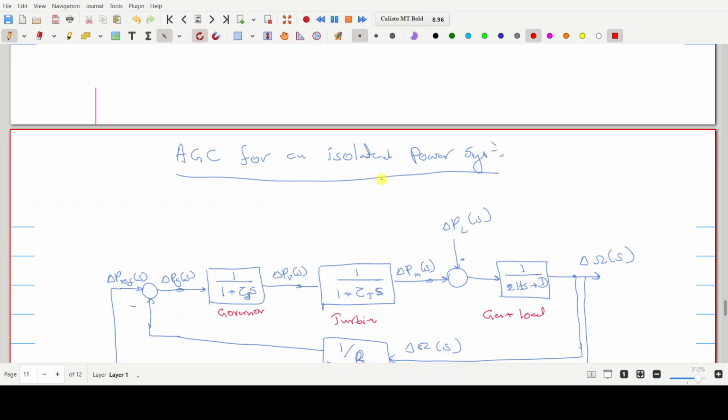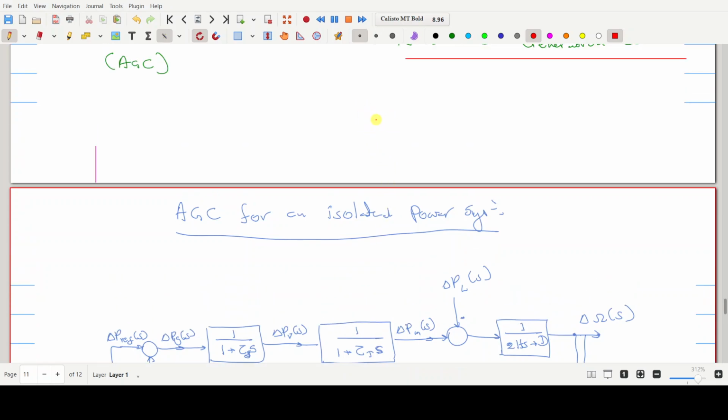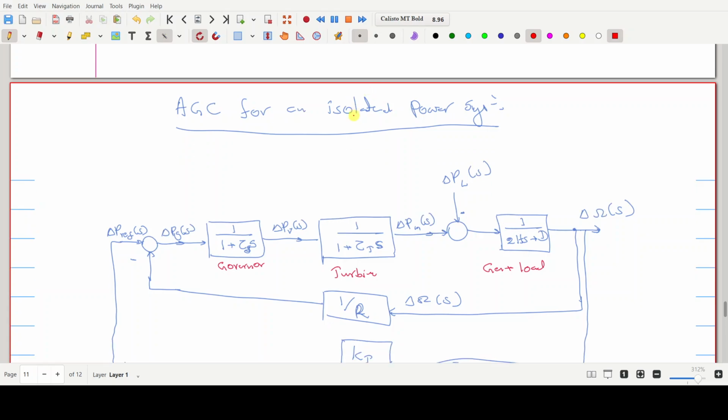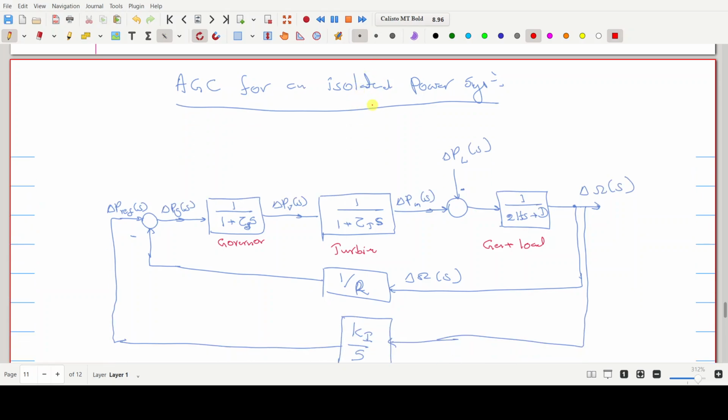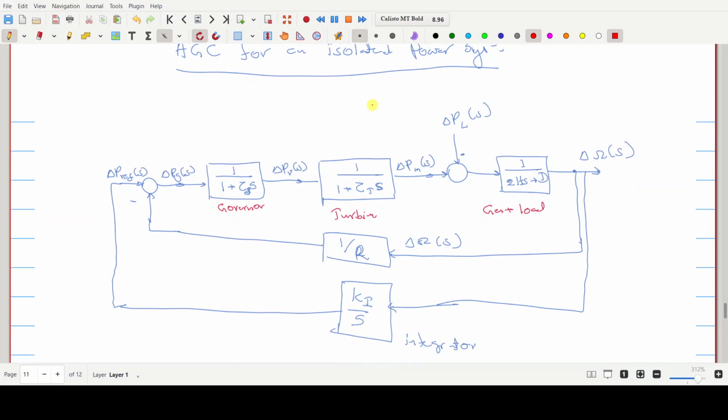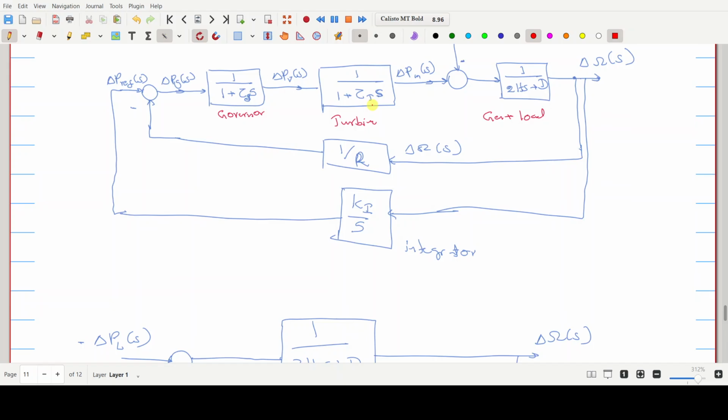Okay, right, so let's take a look at the automatic generation control for an isolated power system. That means you have a single generator connected to the load.